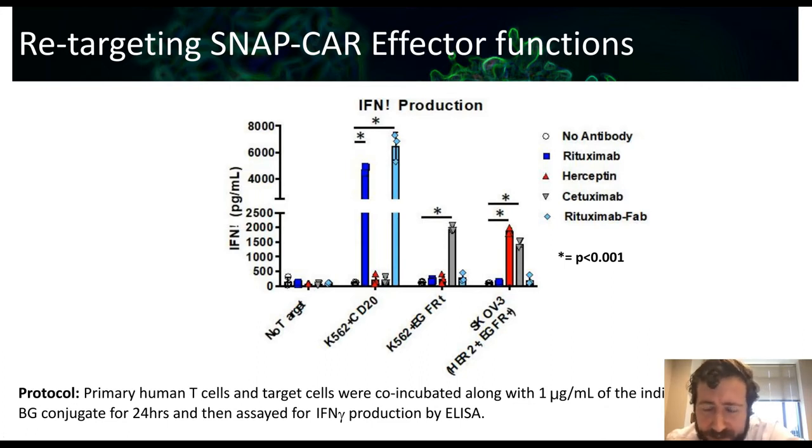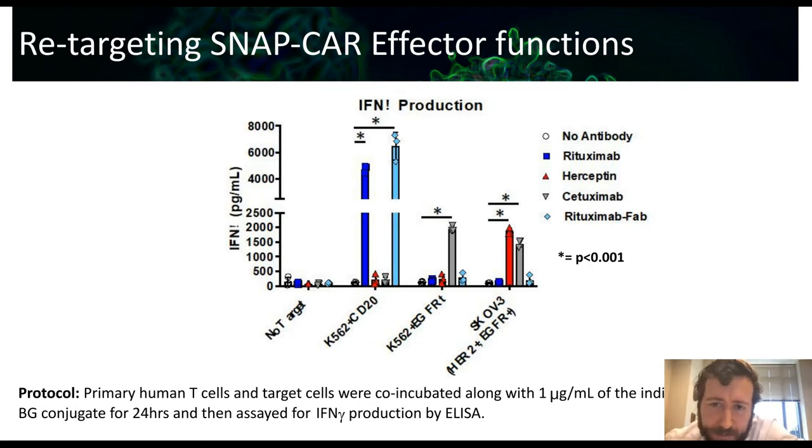And so we mixed the tumor cells and the T cells together, as well as the different anti-tumor adapters, and we assayed for interferon gamma production. And you can see here that we only saw significant interferon gamma production when we had matched antigen and antibody combinations. So here we're targeting CD20, and then next EGFR, as well as both HER2 and EGFR on an ovarian cancer cell line.